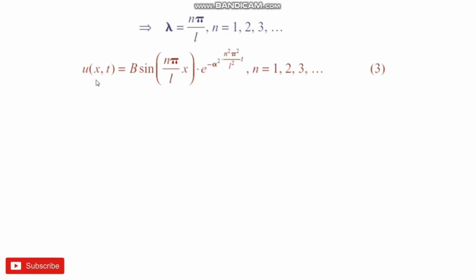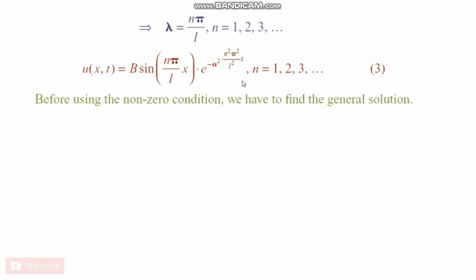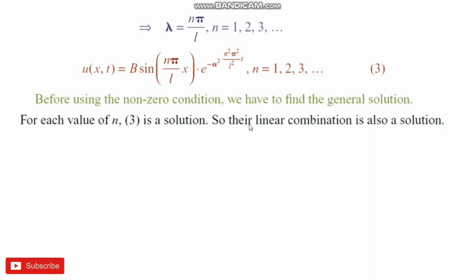We have obtained the temperature distribution from the two zero conditions: u(x,t) = B sin(nπx/L) e^(-α²λ²t), where λ is nπ by L, so λ² is n²π²/L², and n varies from 1, 2, 3 and so on. Before using the non-zero condition, we have to find the general solution.